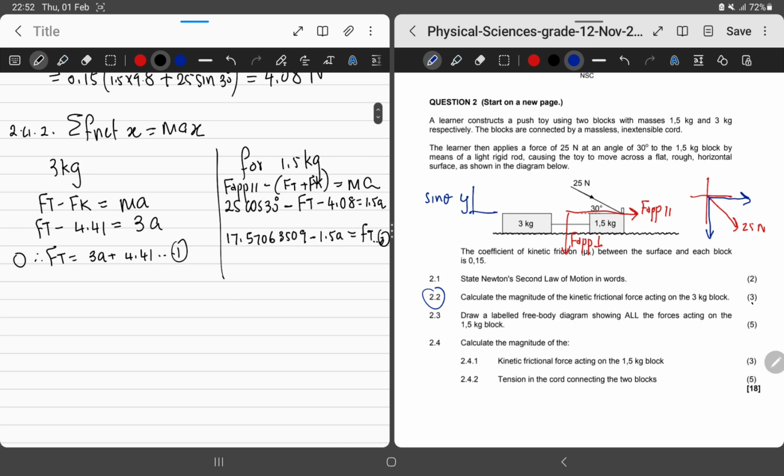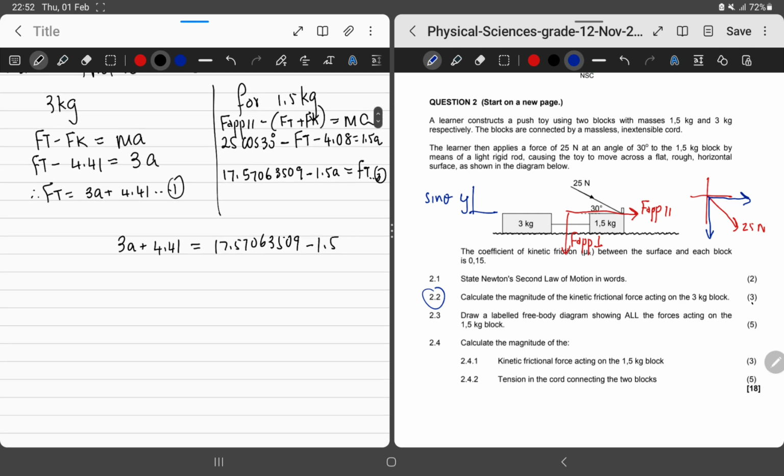The force of tension here should be equal to the force of tension there, so I'm going to equate the two. 3a plus 4.41 is equal to 17.57063509 minus 1.5a. So minus 4.41 gives 13.16063509, and then 4.5a divided by 4.5.